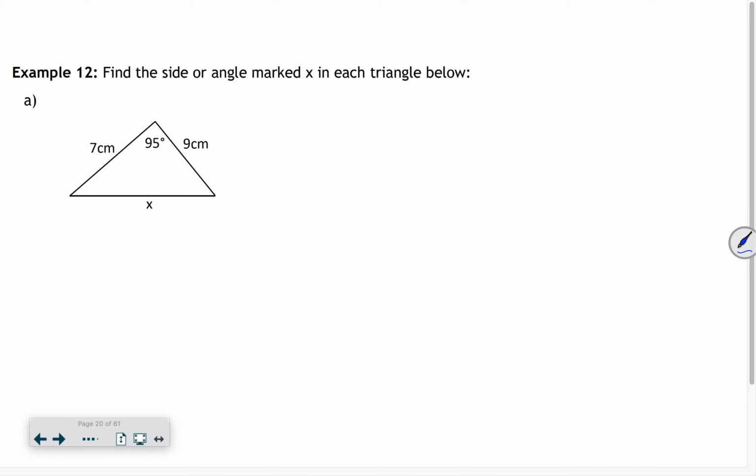Remember, first step, we label our triangle. I'm just going to call this triangle DEF. It doesn't have to be ABC, we can use any letter we want. Then let's label our sides.